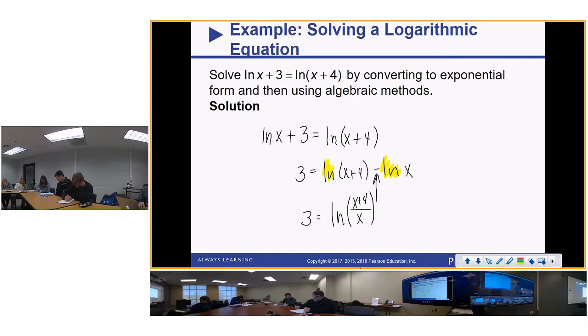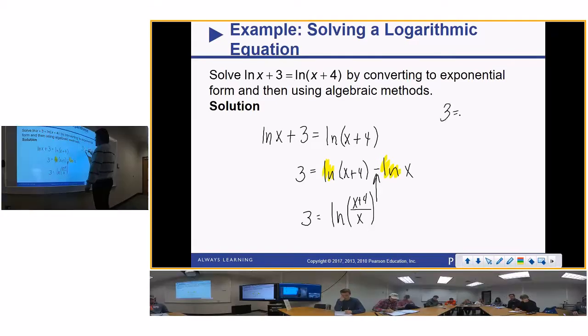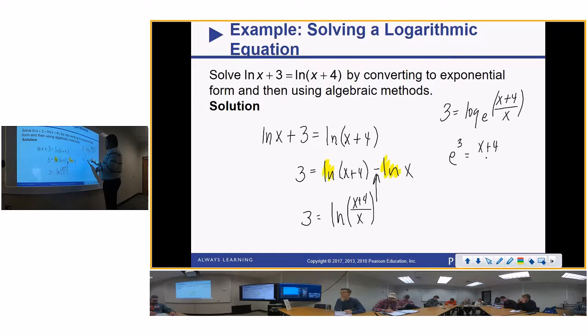And now we've gotten it down to 3 is equal to log base e of x plus 4 over x. Hey, I've got y is equal to log base a of x. So I can rewrite that as e to the what? E to the third is equal to what? X plus 4 over what?